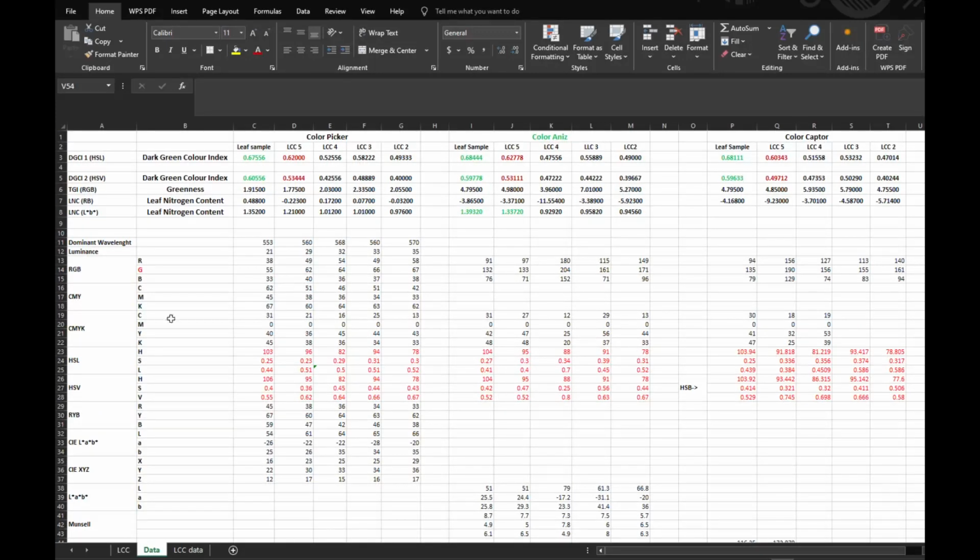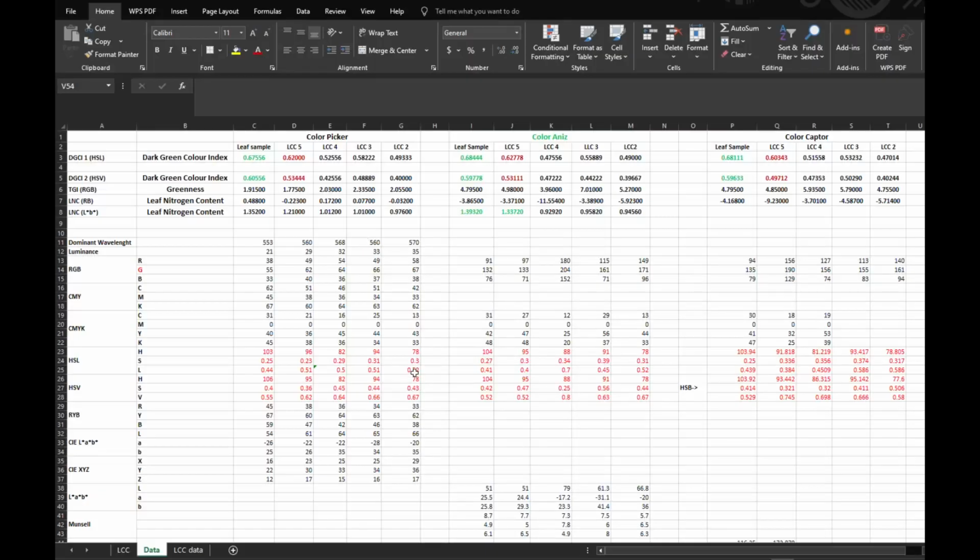So from this, what I was looking for is how the data are compared with leaf sample. The leaf sample is the same for all 3 apps, so that there's no added variability in analyzing the dark green color index.